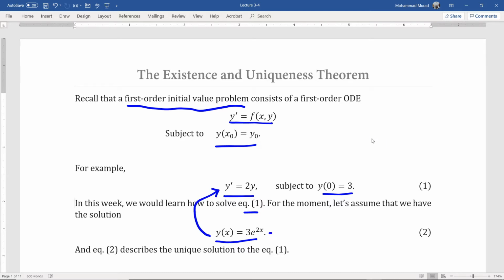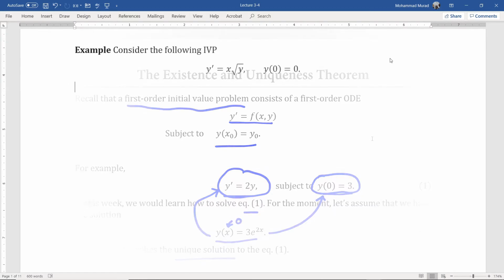And this function also satisfies the initial condition y at 0. If we substitute x value 0 into the left-hand side, we obtain the 3 from the right-hand side too. And equation 2 describes the unique solution to equation 1. So this particular initial value problem, subject to the condition, has a solution and the solution is unique.